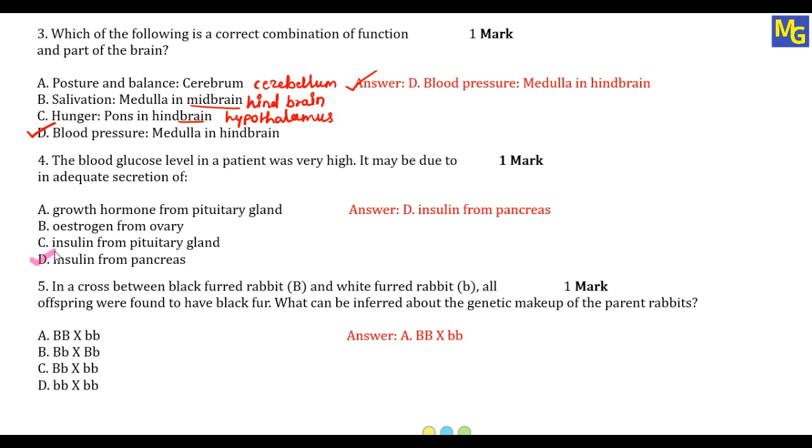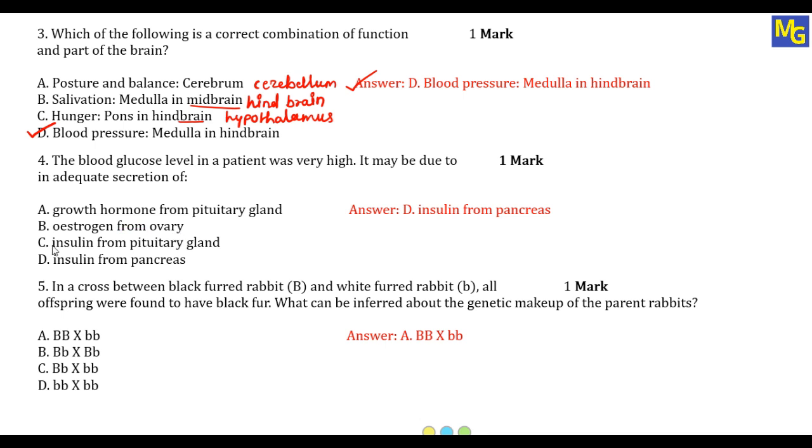In option A, growth hormone is secreted by the pituitary gland, that is correct, but it does not control insulin level. It sees to the metabolic activities in the body. Option B, estrogen from ovary: the ovary is the reproductive organ which secretes estrogen in females, related to secondary sexual characters and growth of the reproductive organs, not insulin.